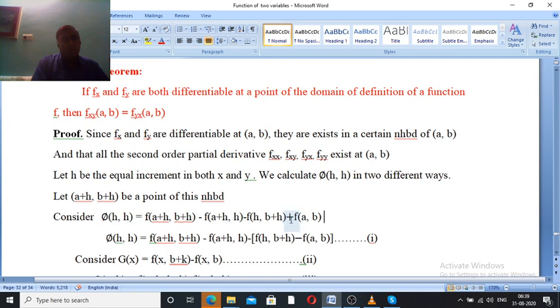Here minus, here plus, take outside the negative sign of the bracket. Phi(h, h) is equal to f(a+h, b+h) minus f(a+h, b), minus the bracket f(a, b+h) minus f(a, b). Suppose this is equation 1.